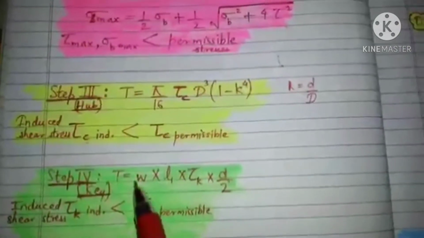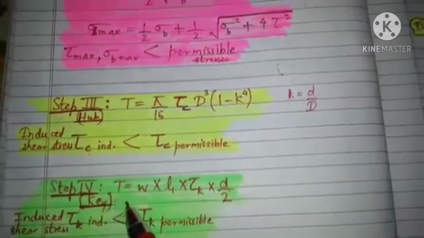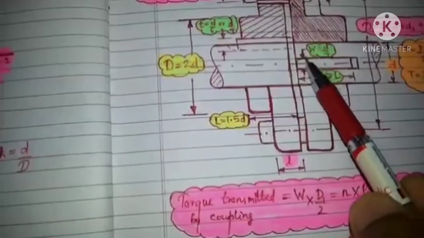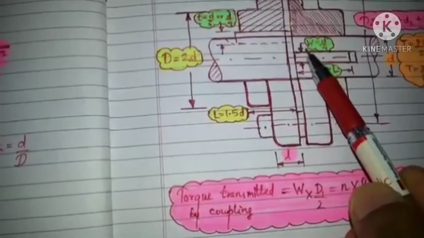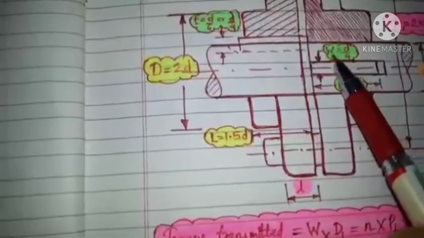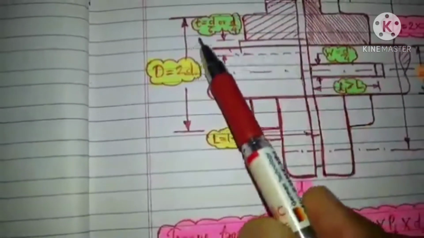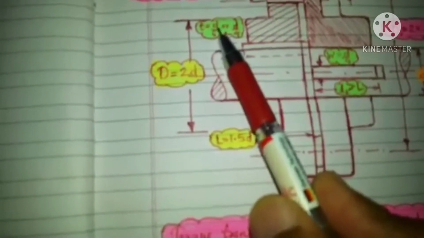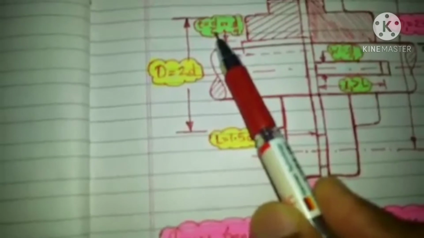Then we will find the dimensions of the key. This is the key here. The width of the key will be equal to D divided by 4, and the thickness of the key will be equal to D divided by 6, where D is the diameter of the shaft.